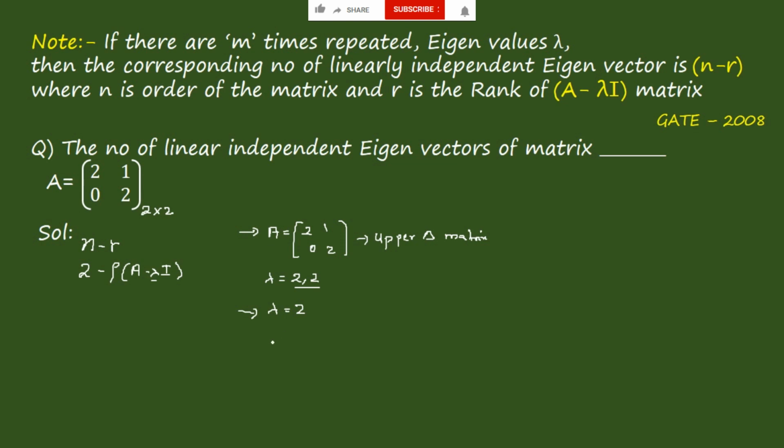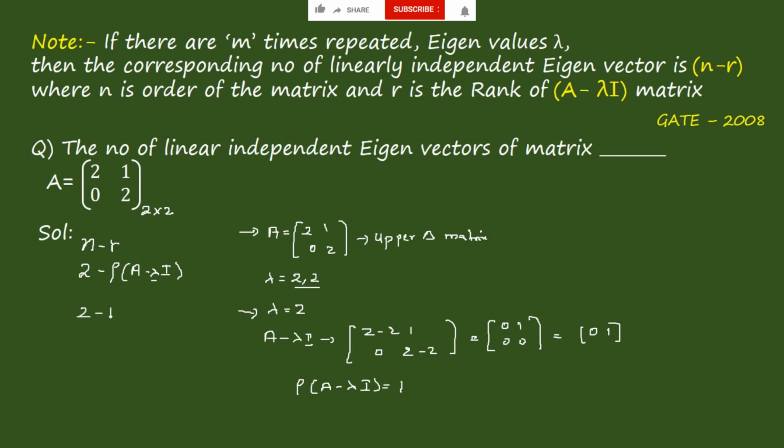Now if you substitute it in A minus lambda I, then it becomes 2 minus 2, 1, 0, 2 minus 2, which is equal to 0, 1, 0, 0, right? So it becomes a row matrix 0, 1, right? So the rank of A minus lambda I is equal to 1. So we got the rank. So it becomes 2 minus 1, which is equal to 1. So number of linear independent eigenvectors is equal to 1. Answer is 1. Next question.